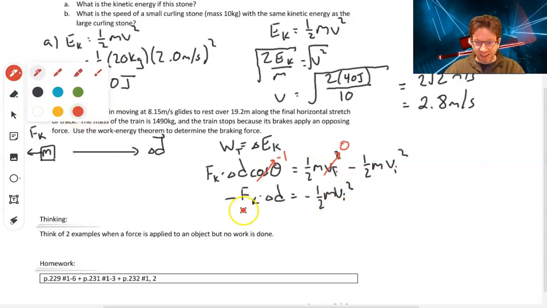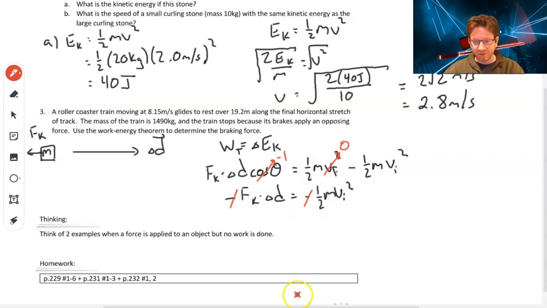Now both sides have a negative, so we can multiply both sides by -1. And then if we're trying to find Fk, we just divide by displacement. So Fk will equal m vi squared over 2, divided by displacement.